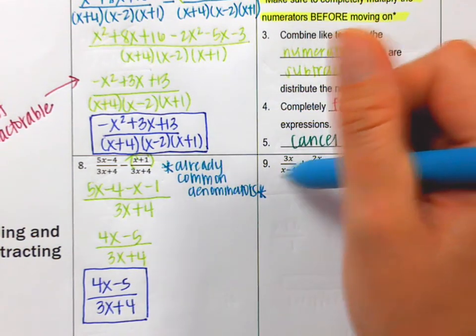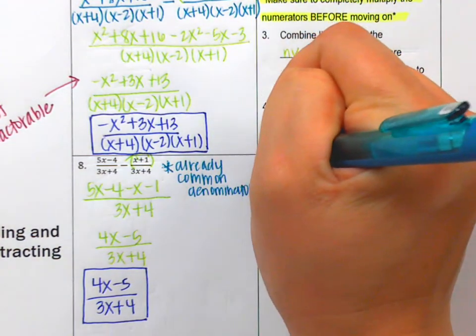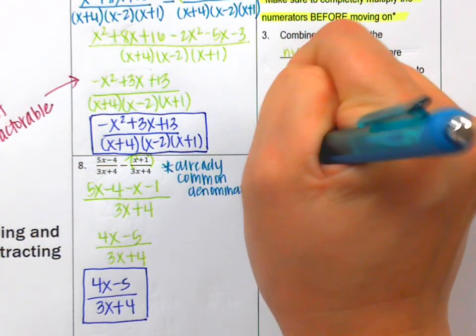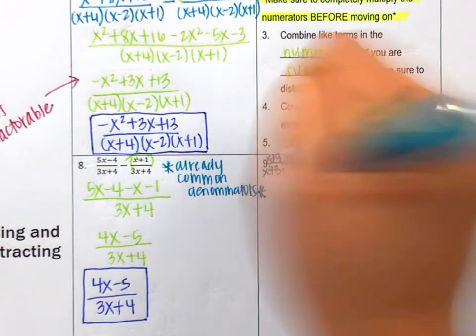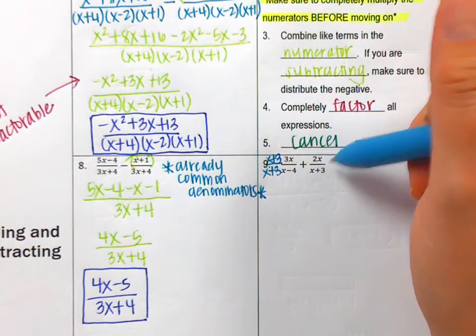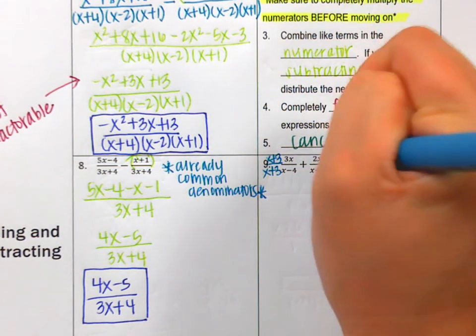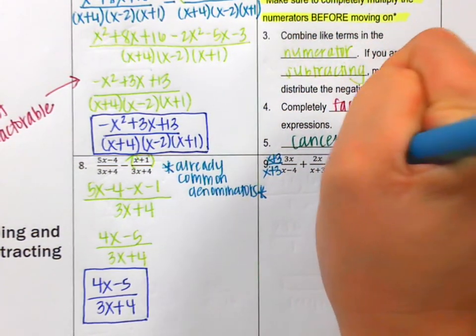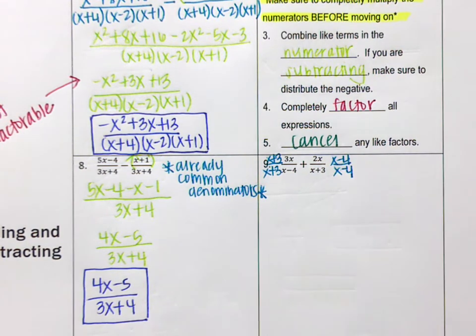So if this one is missing the x plus 3, I'm going to multiply the top by x plus 3 over x plus 3. And then I'm going to multiply this one by what it's missing, which is x minus 4 over x minus 4. Make sure to completely multiply the numerators together before moving on.